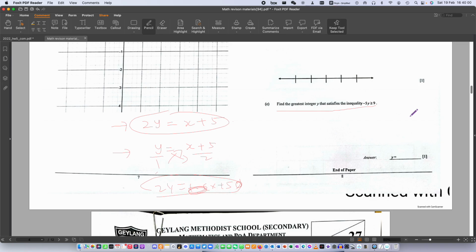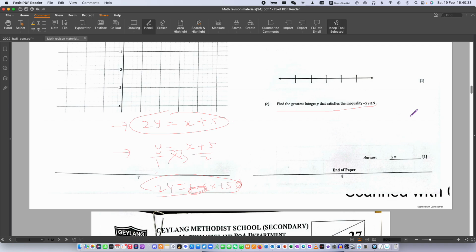So that means 1.9, another 0.1 is? 1.8 you have already written down, so you need to find the other one. Negative 2. So that's how you get the negative 2. So the greatest integer is negative 2.